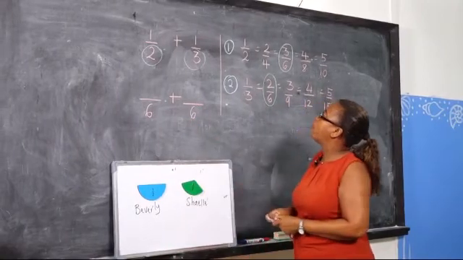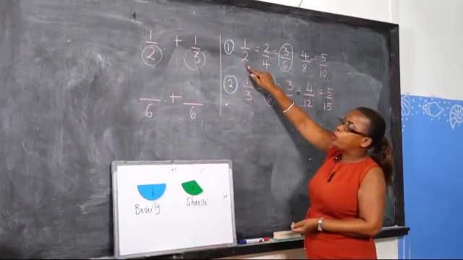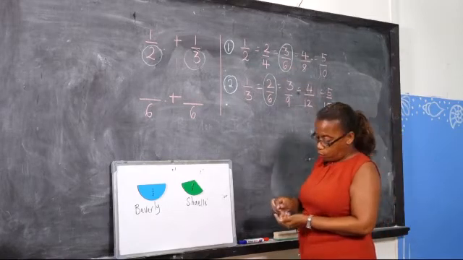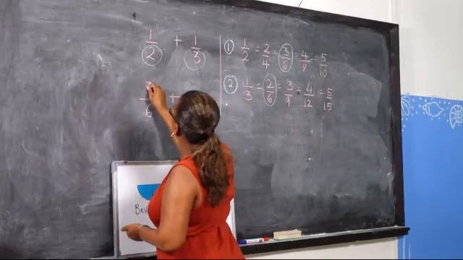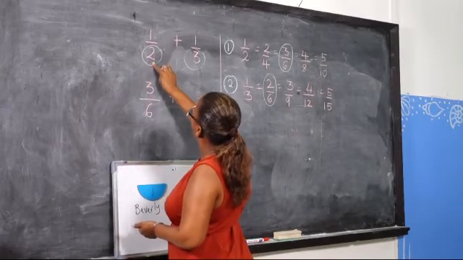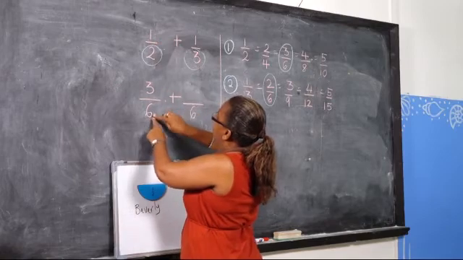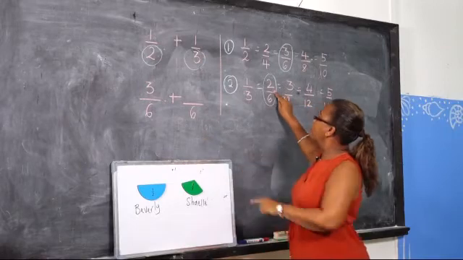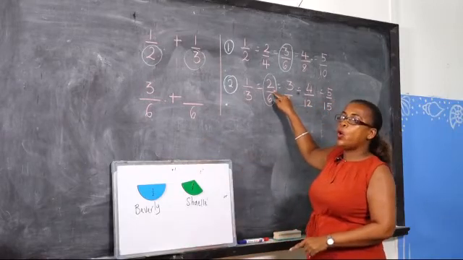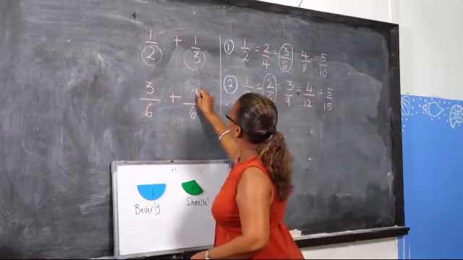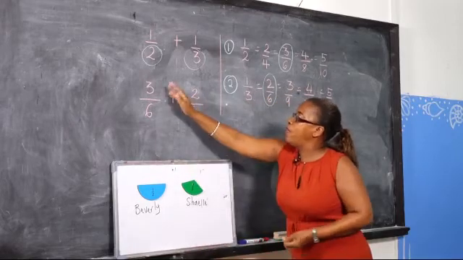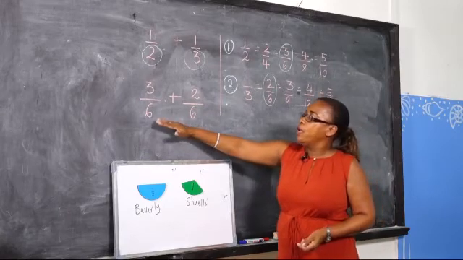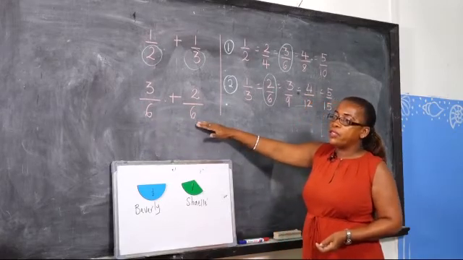So let us look here. 1/2 equal to how many 6th? Yes, 1/2 equal 3/6. There it is. The equivalent fraction of 1/2 is 3/6. And 1/3, how many 6th? Good, we have 2/6. Now, can we add them? Of course, yes, because the denominators are the same.